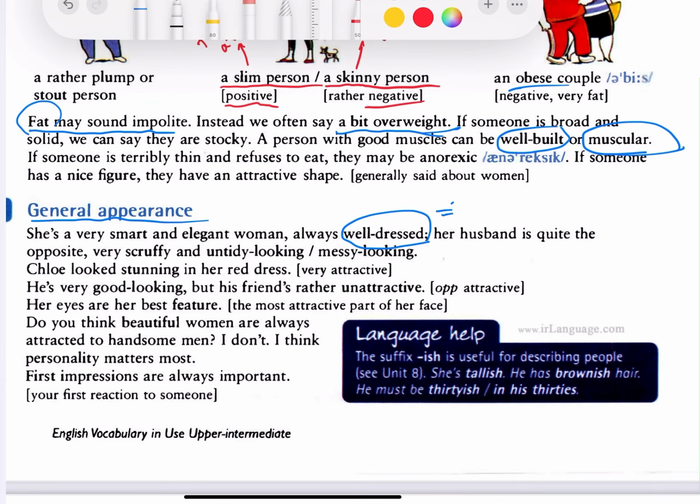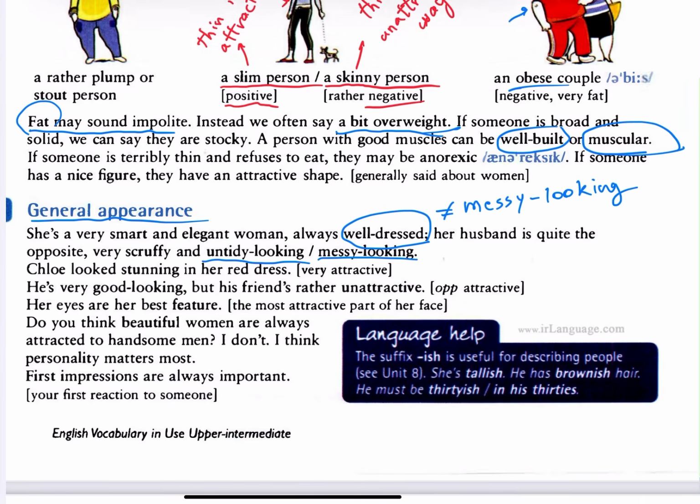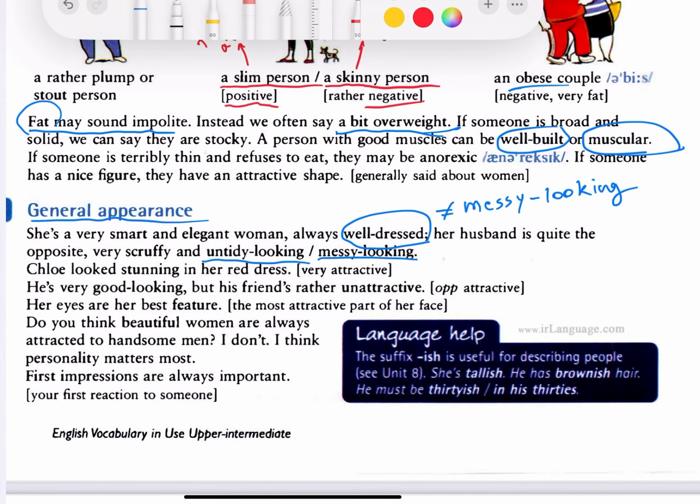The opposite is messy looking, or untidy looking. A person who doesn't wear good clothes and their clothes are not tidy.